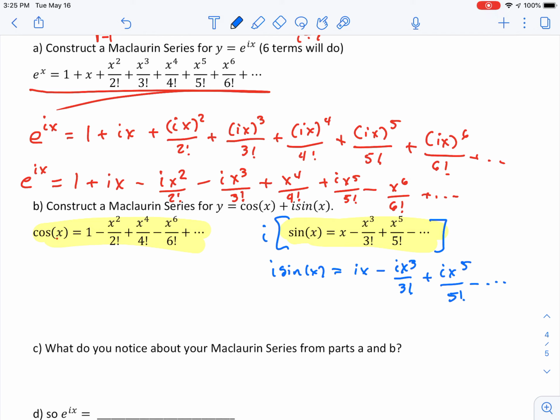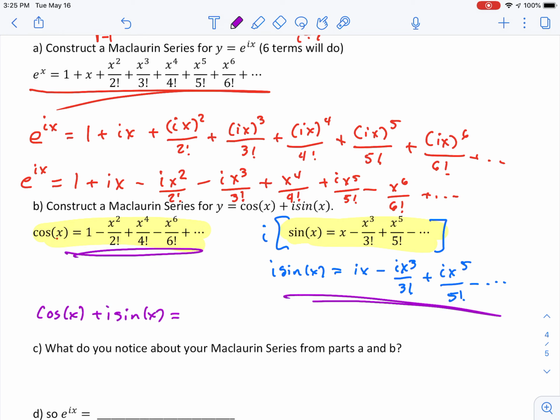Now, we're going to go ahead and put these together. So if I put these two together, we have this cosine of x plus i sine of x. We're just going to combine like terms between these two series. Well, they don't have any like terms, so it's really just aggregating these terms, right?